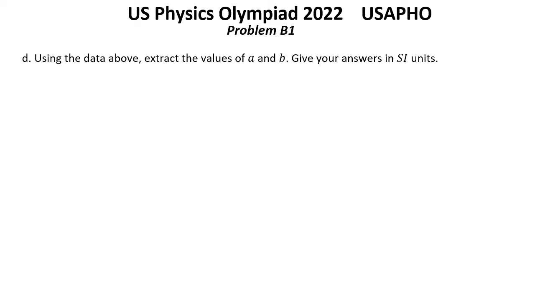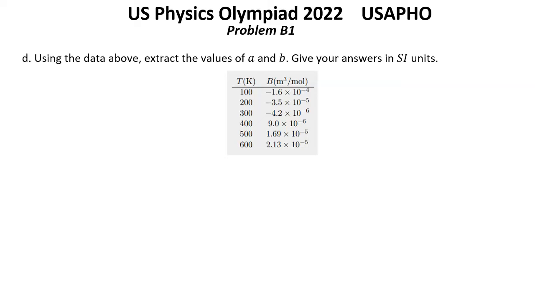Solution for question D. Using the data above, extract the values of A and B. Give your answers in SI units. Solution. First, we have to convert data points to SI units, which gives us the next table. Now, plotting B(T) versus 1 over T, we will get this graph.